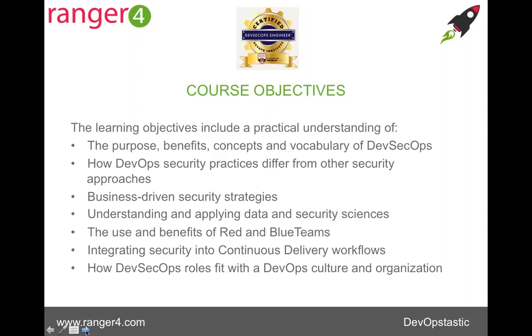So very close to our hearts as well, particularly because of our relationship with Sonatype and the amount of conversations that drives for us with organisations about how to build security in from the get-go in their CD pipeline and in their DevOps processes. It's also traditionally been quite overlooked in the DevOps space, and we always talk about DevOps being about making better software faster and more safely, and the more safely bit has always been really close to our hearts here.